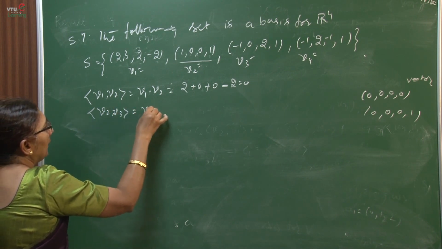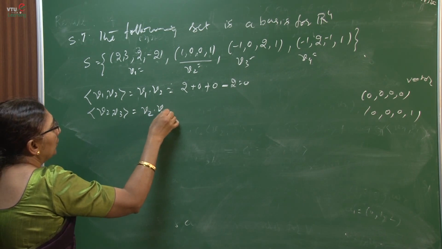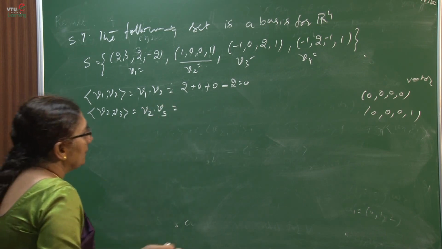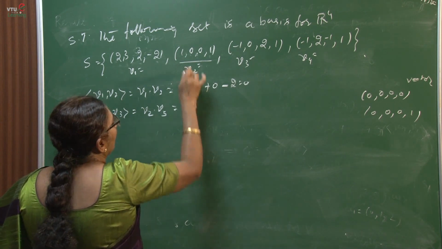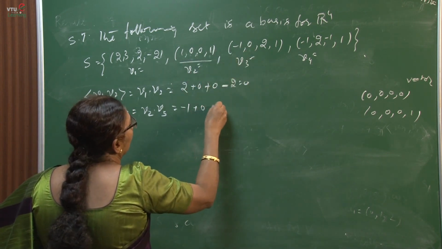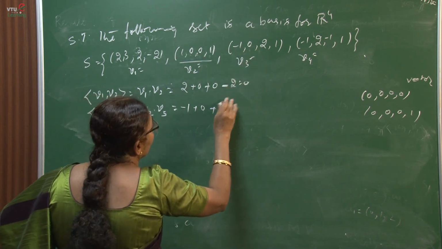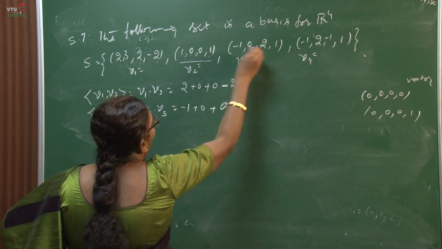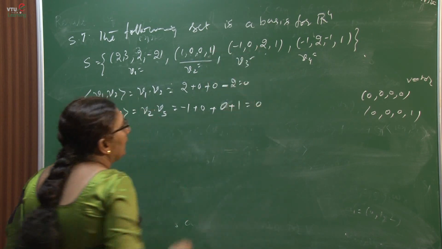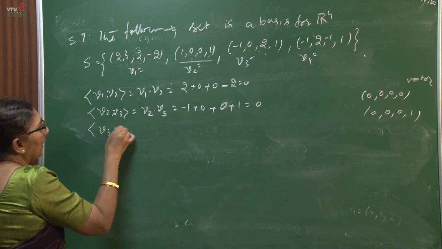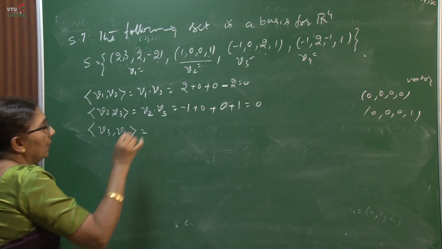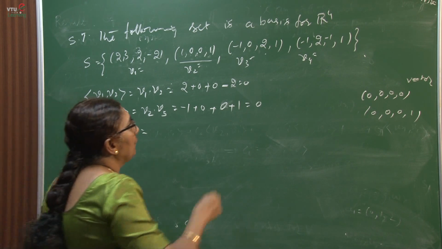Multiply corresponding components: 1 into minus 1, minus 1; 0 into 0, 0; 0 into 2, 0; 1 into 1 is 1. What do we get here? 0. Inner product of V3 comma V4. Okay, what is the inner product of V3 comma V4?